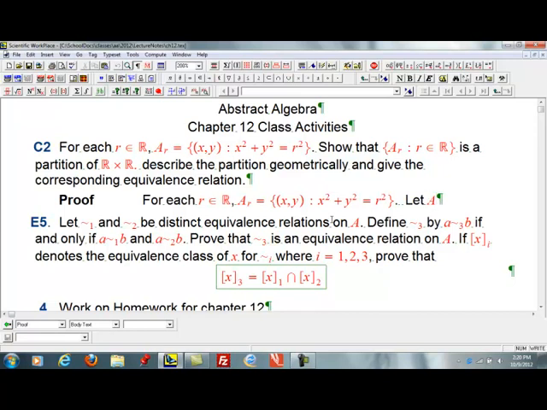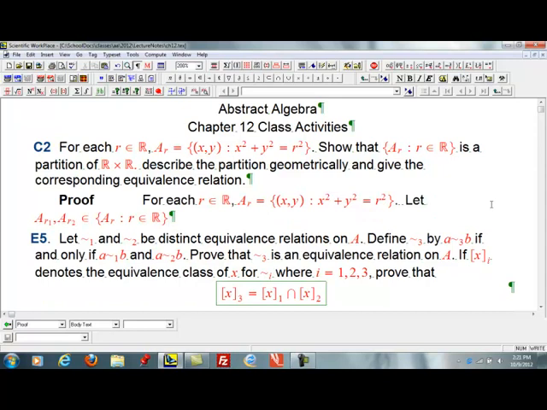So we need an A R1 and an A R2, and this is going to be in our family of sets. So can we use that for showing that x and y are in R1 and x and y in R2, that they all intersect? If they intersect at all, they intersect everywhere. We can do it that way.